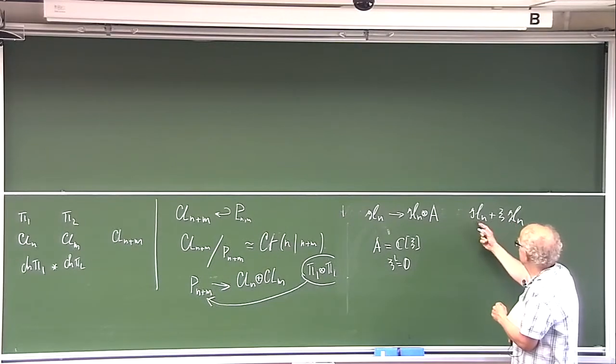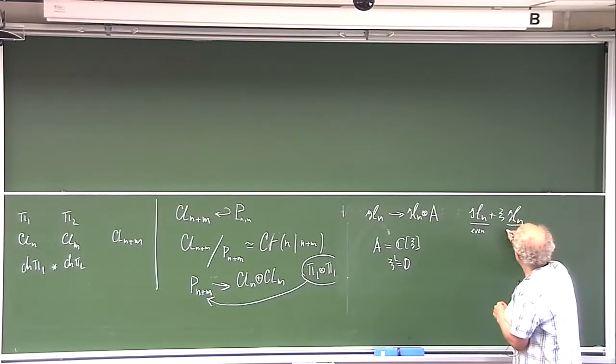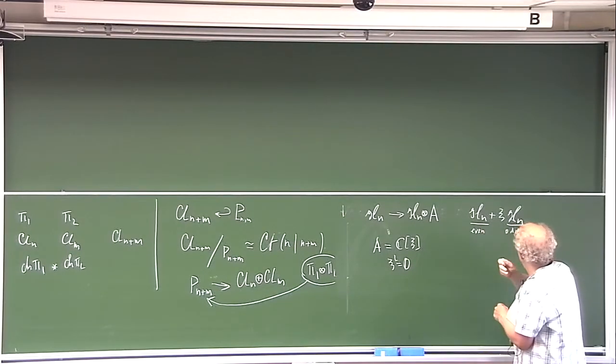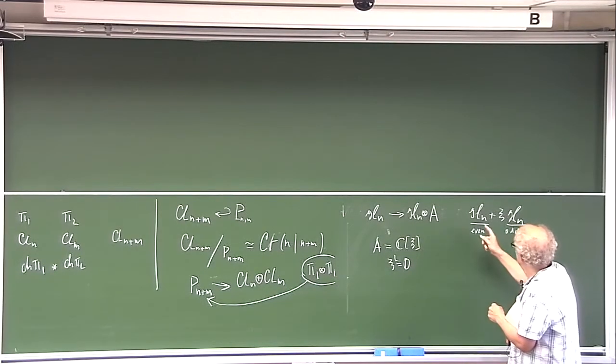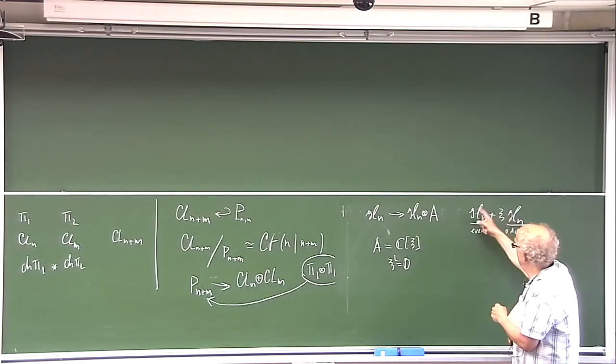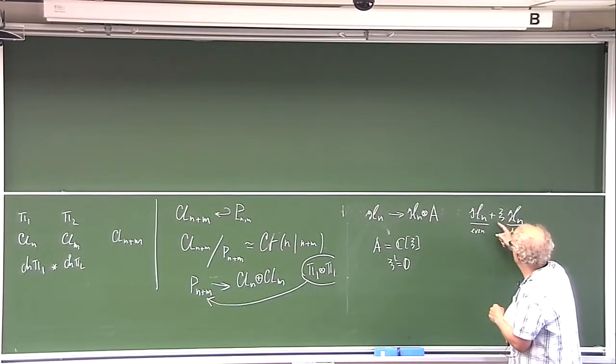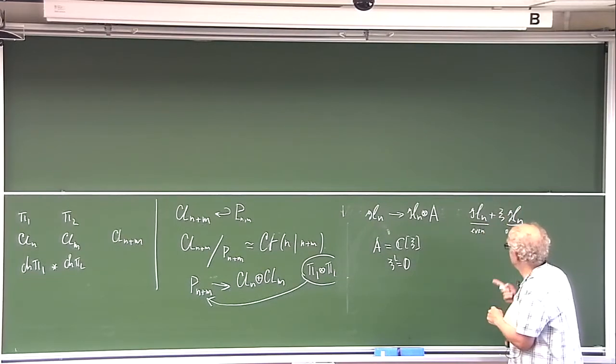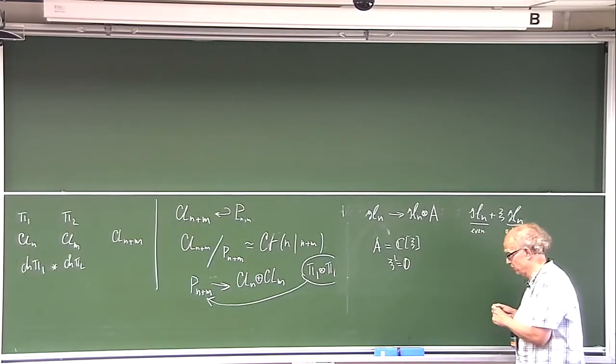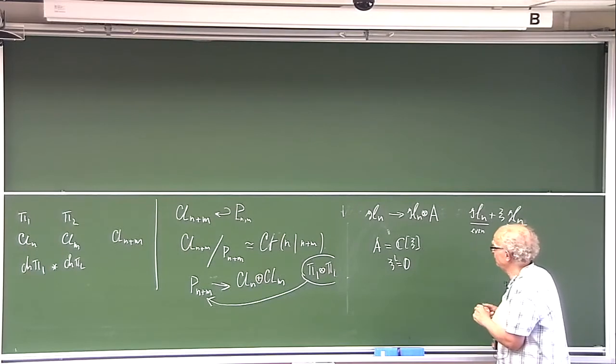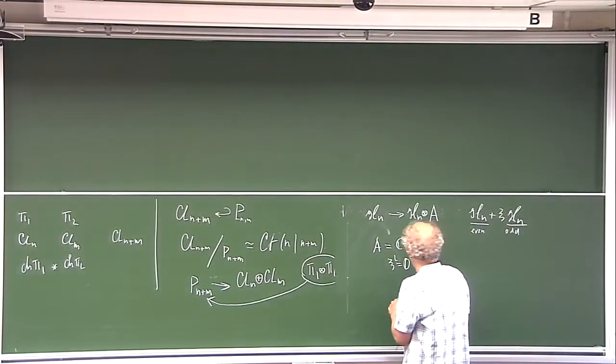It means that this is the even part, this is the odd part, and all brackets are clear. The brackets here are 0, and this acting on this is just the adjoint action.